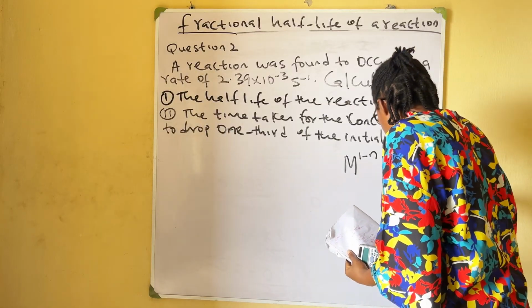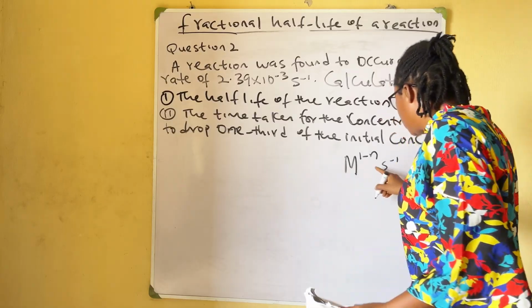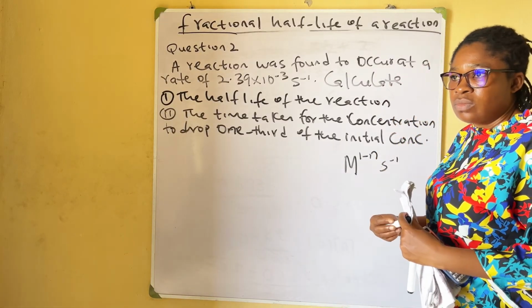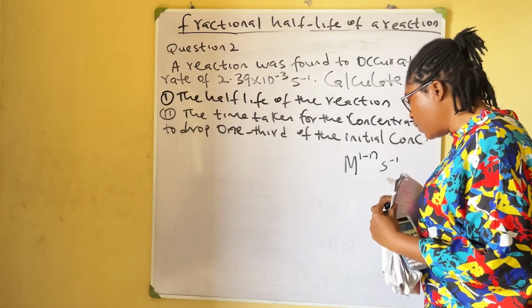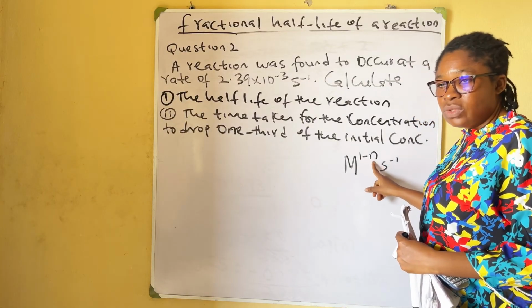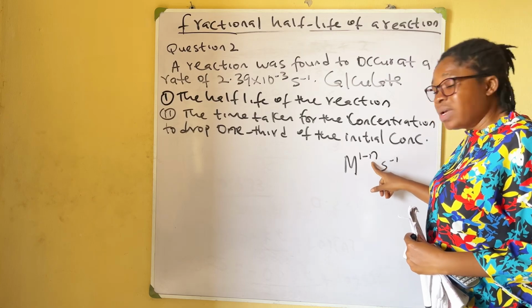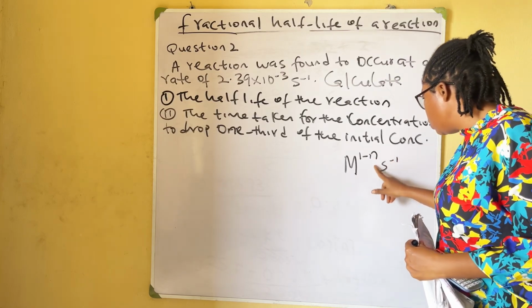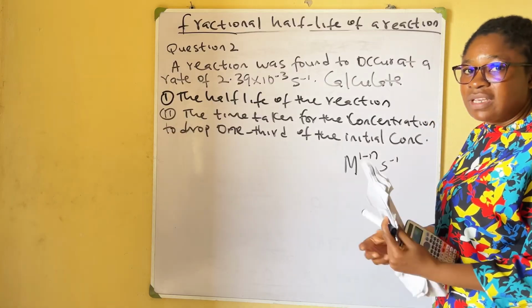So let me use per seconds. This n signifies the order of reaction. If it's a first order reaction, it will be 1 minus 1. So that is 0. Anything raised to the power 0 is what? 1. So you are left with per seconds. So it's a first order reaction.